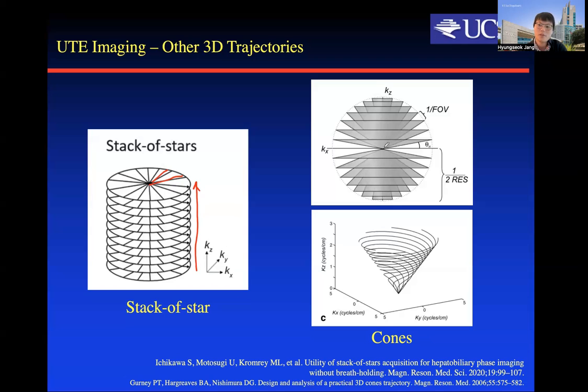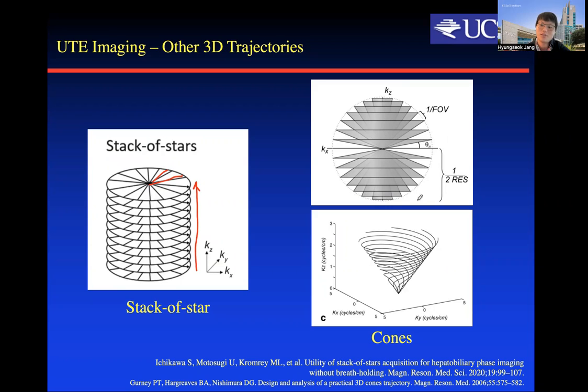So this is one popular method. Another popular method is called the UTE cones trajectory. So the 3D k-space is covered by conical surfaces, each with a certain polar angle, and then we have multiple cones, and each cone is covered by this kind of 3D spiral trajectory, which rotates over TR.